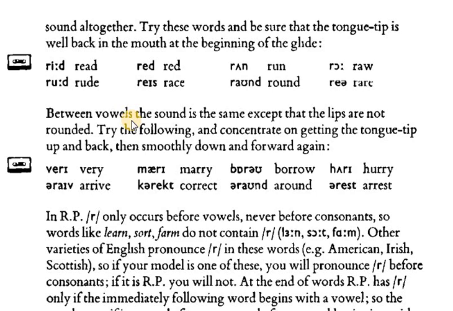Try the following and concentrate on getting the tongue tip up and back then smoothly down and forward again. دائما يركز على وضع اللسان خلال إنتاج الإنجليش ر في أنه تكون tip of the tongue raised، الباك أيضا raised، والفرونت تكون low. ف I'm going to pronounce these words. For example, very, arrive, marry, correct, thorough, around, hurry, arrest.